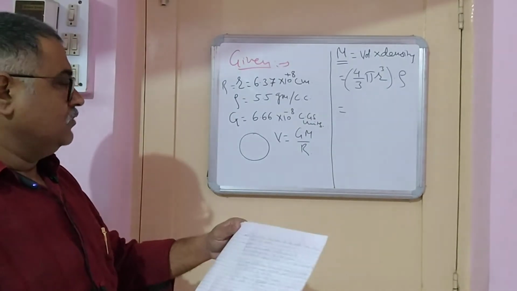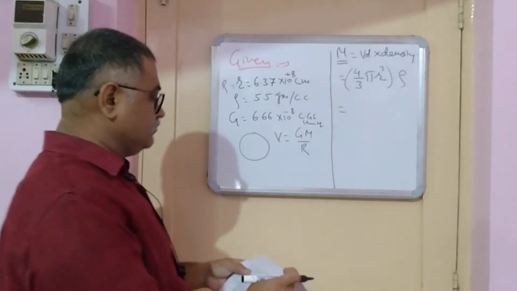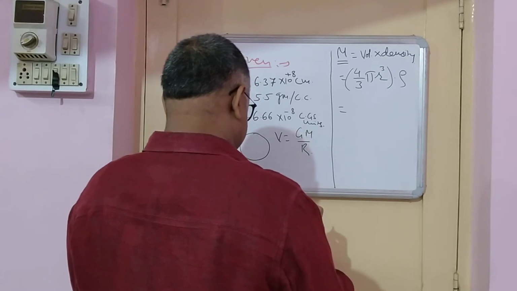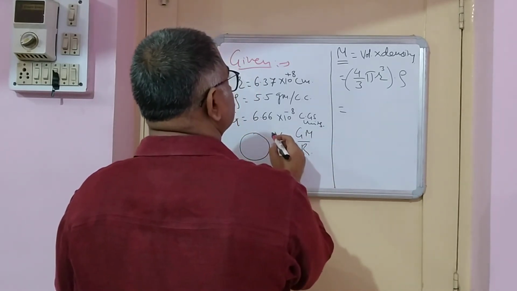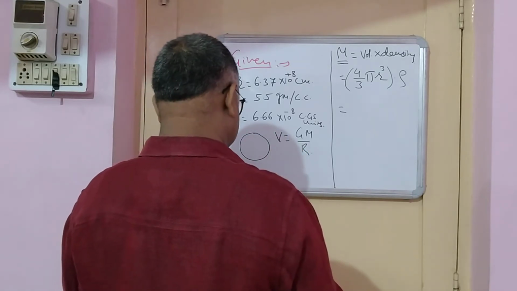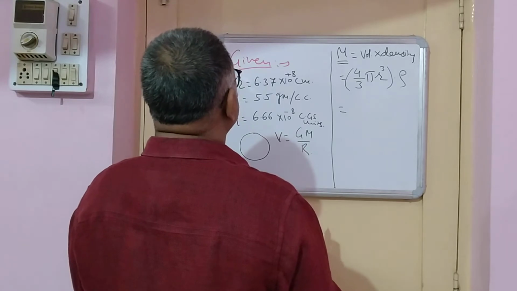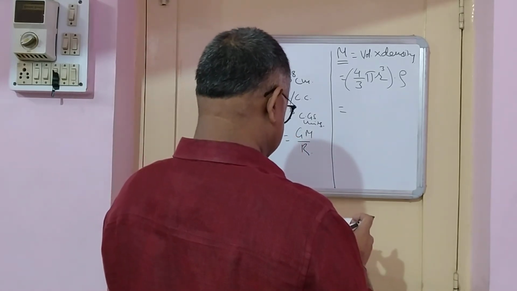Therefore here we get it. For our convenience, M equals volume into density.